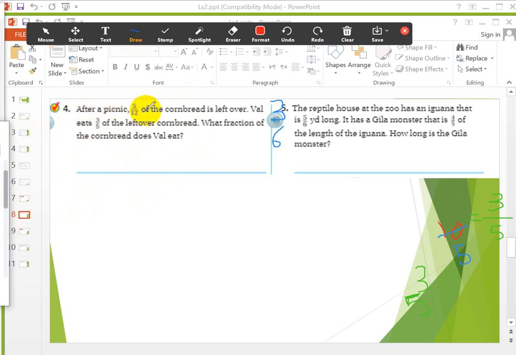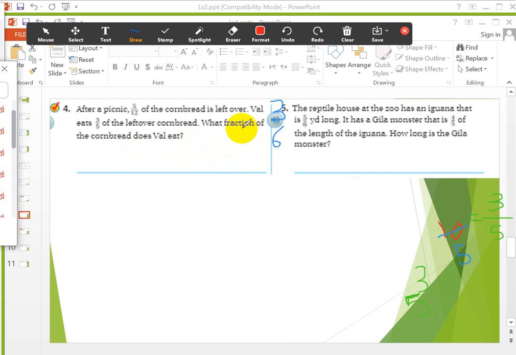After a picnic, 5 over 12 of the cornbread is left over. Val eats 3 over 5 of the leftover cornbread. Okay? What fraction of the cornbread does Val eat?